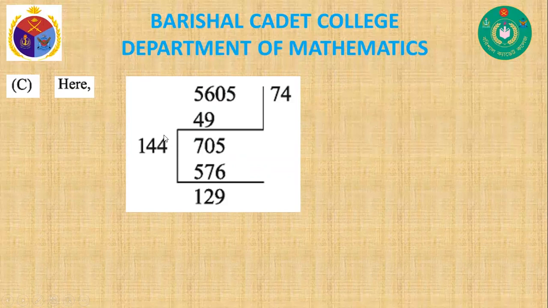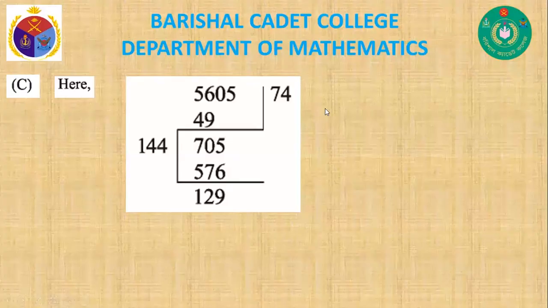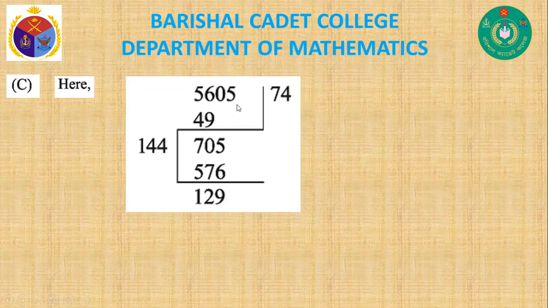Now we have to find a number. I have taken that number as 4. I have put that number here, and also I have put that number here. Then multiplying these two, we get the result 576. And then subtracting these two, we get the result 129. So we have got that the square root of 5605 will be 47 point something.